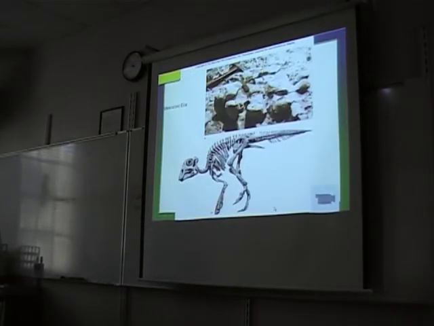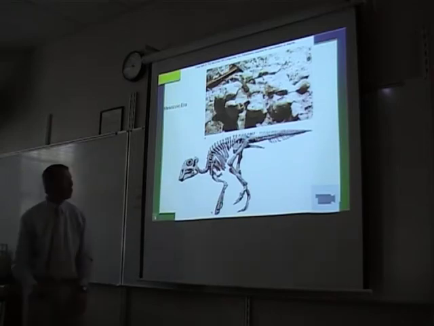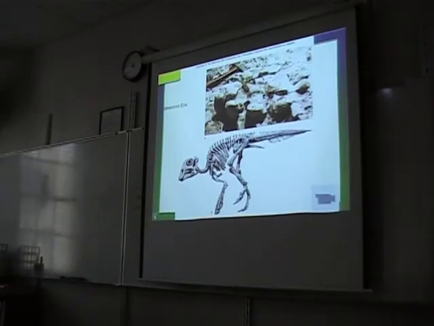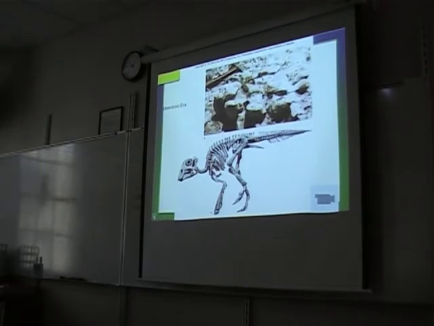So, the next thing that came about was the Mesozoic Era. The Mesozoic Era was the time of the dinosaurs. The dinosaurs evolved from reptiles, and eventually became huge and the dominant organism on land.